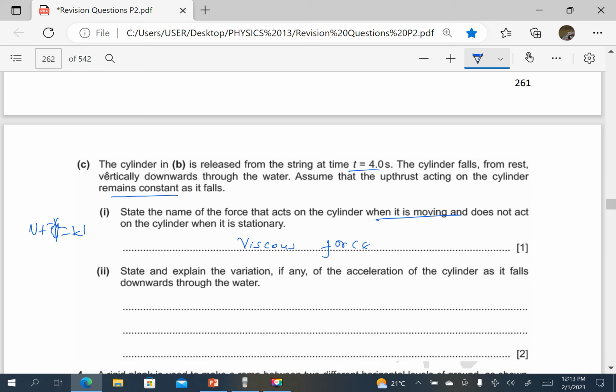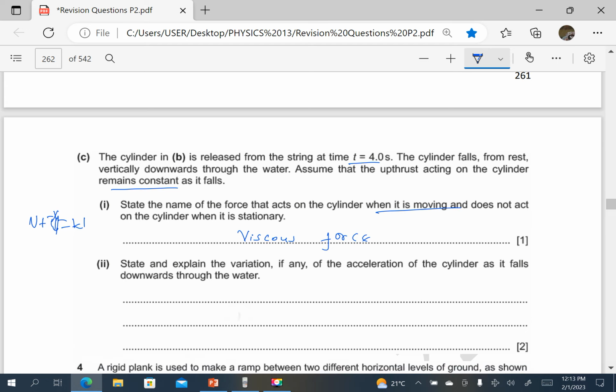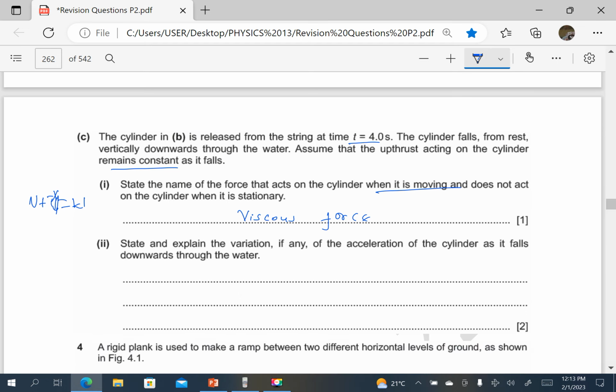So the viscous drag increases, and if the viscous drag increases, the acceleration reduces. The acceleration decreases until a point where it becomes 0. That is when the upthrust is equal to the weight.